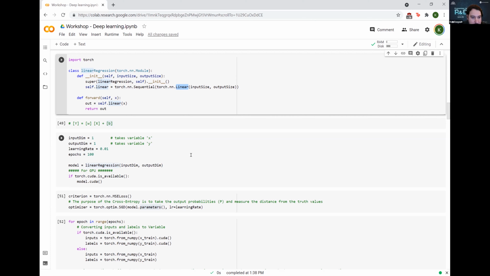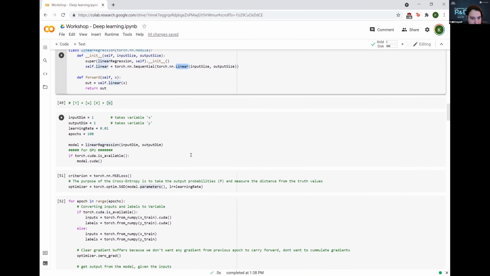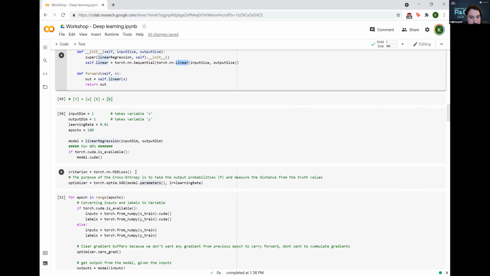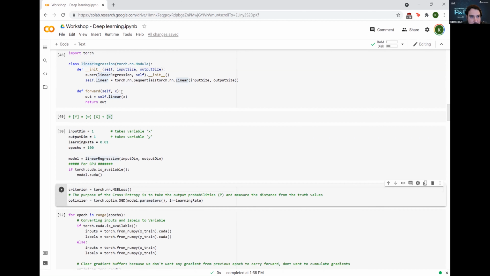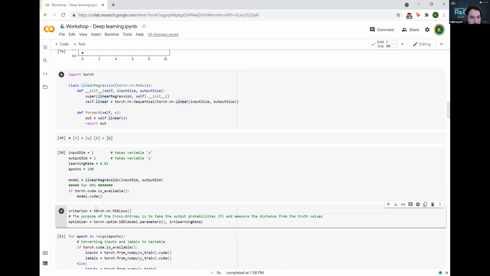Thanks. Okay, moving on. The last thing we need to define after having defined our linear regression model is the actual loss function. Because we are doing a regression, we're going to be using the mean squared error loss, which is really just the difference between the actual value and the predicted value, squared.